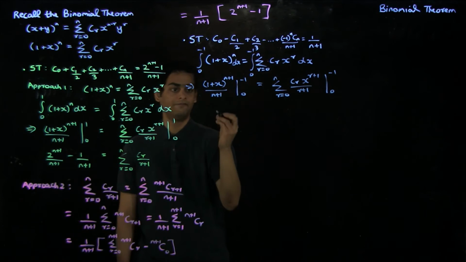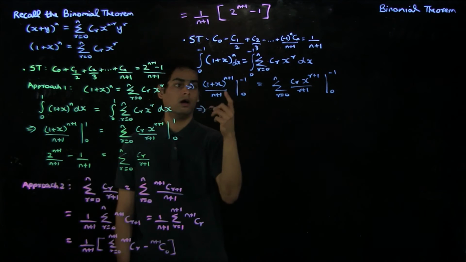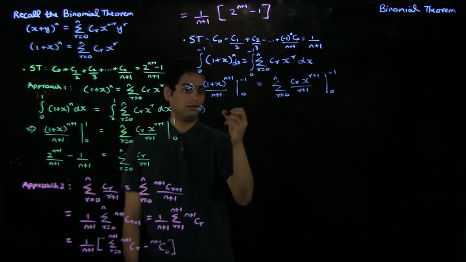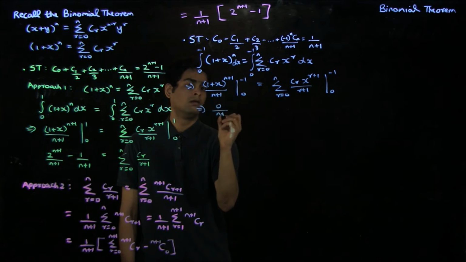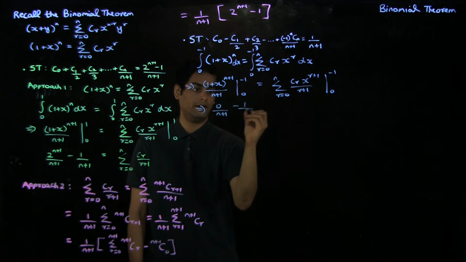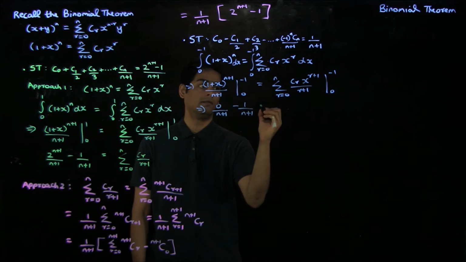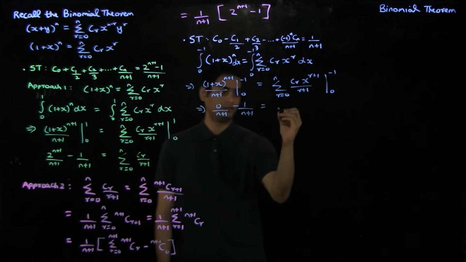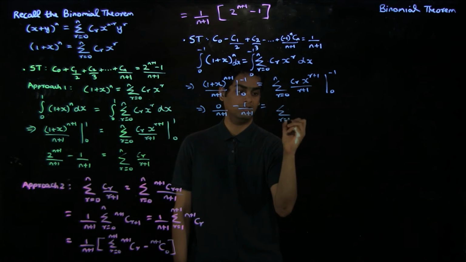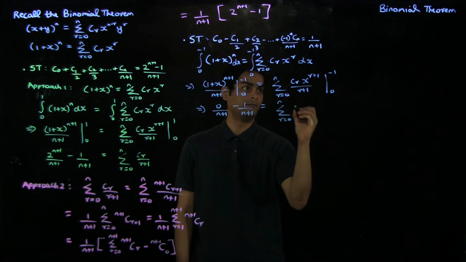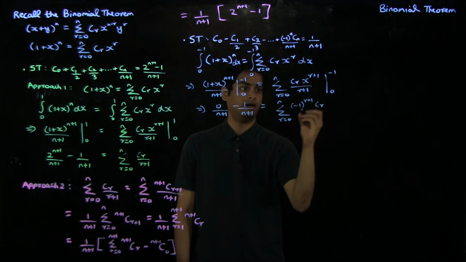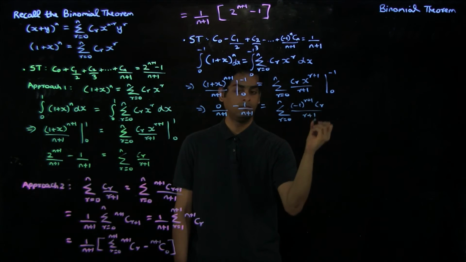So the left hand side evaluates to 0 over n plus 1 minus 1 over n plus 1, and the right hand side evaluates to summation r equal to 0 to n minus 1 power r plus 1 nCr over r plus 1.